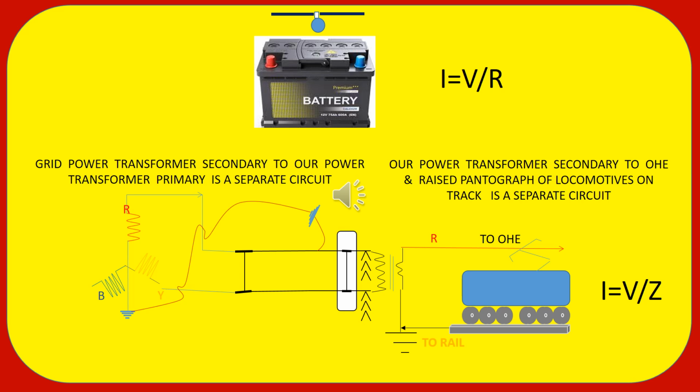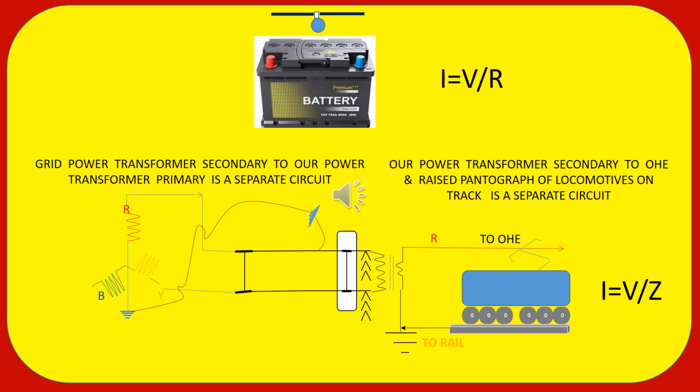So you know I is equal to V by Z or V by R. So when R and Z are there, the current will be reduced. But in a short circuit, this R and Z is almost absent. Very little R and Z is there, so the current is enormous. That is called short circuit.